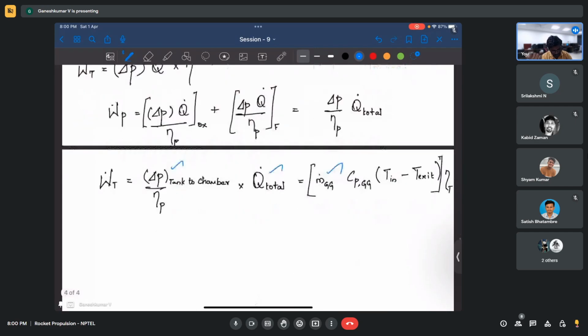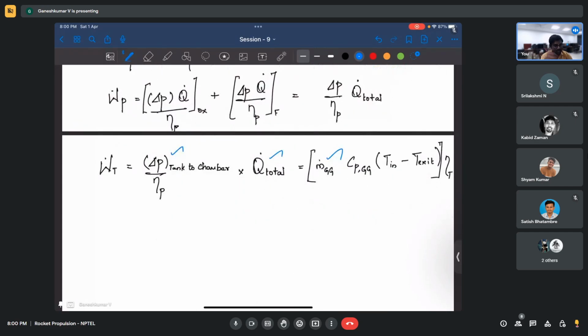Okay. So basically, you can take this Q total on this side, or you can write this as the mass flow rate of oxidizer divided by density of oxidizer plus mass flow rate of fuel divided by density of fuel, right?